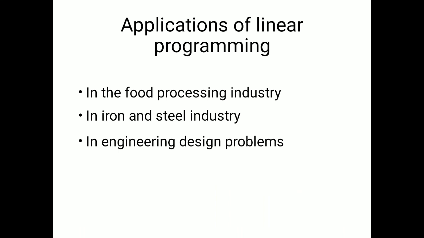Linear programming has also been applied to formulate and solve several types of engineering design problems such as the plastic design of frame structures, etc. There are various other applications which you can find in the books that I have prescribed for this course, like S.S. Rao and others.